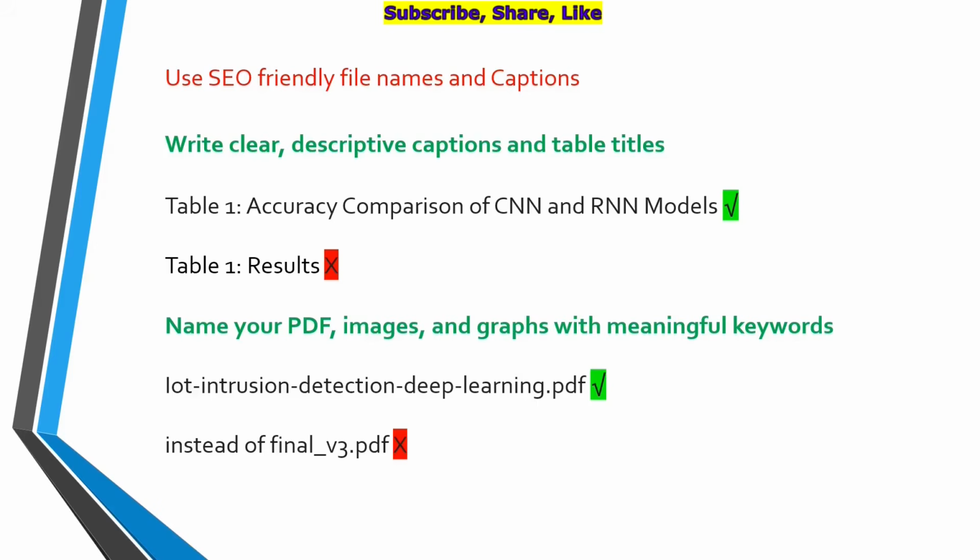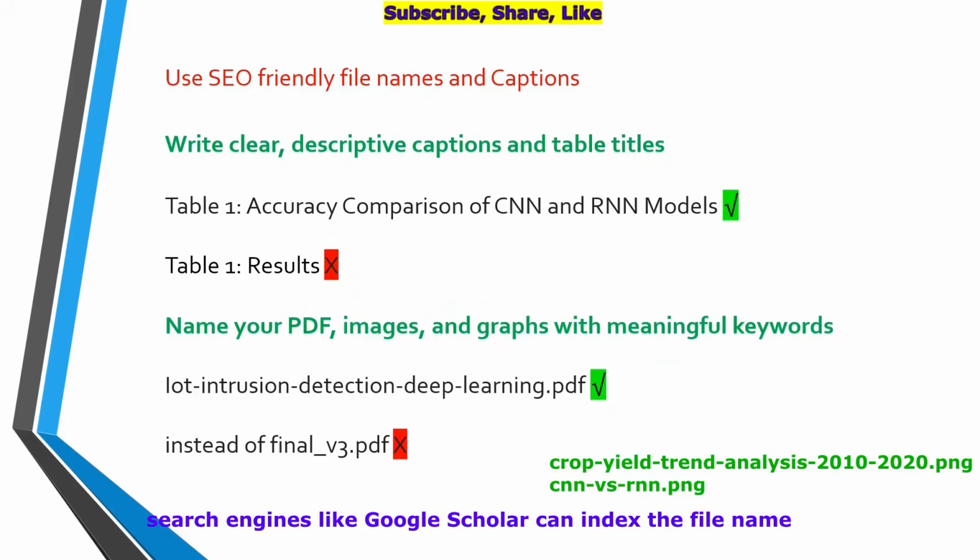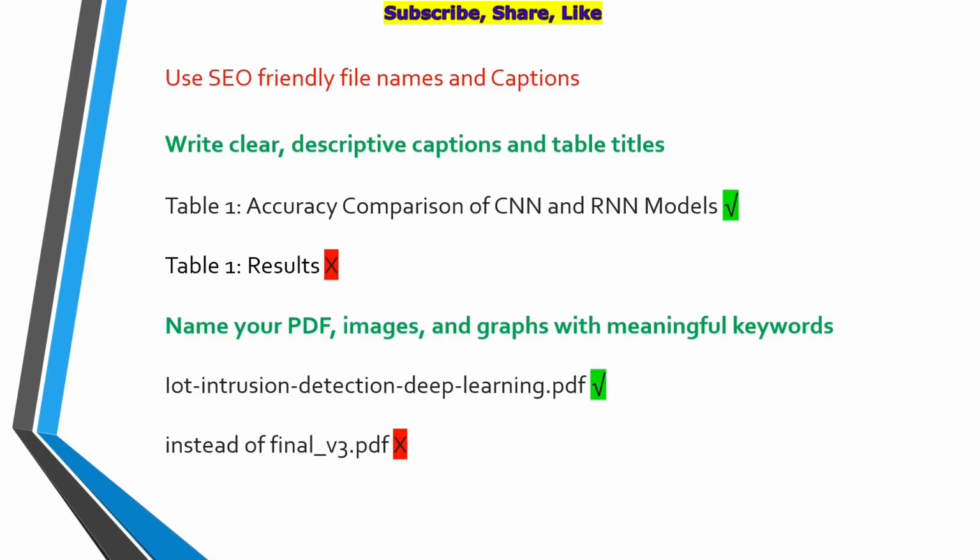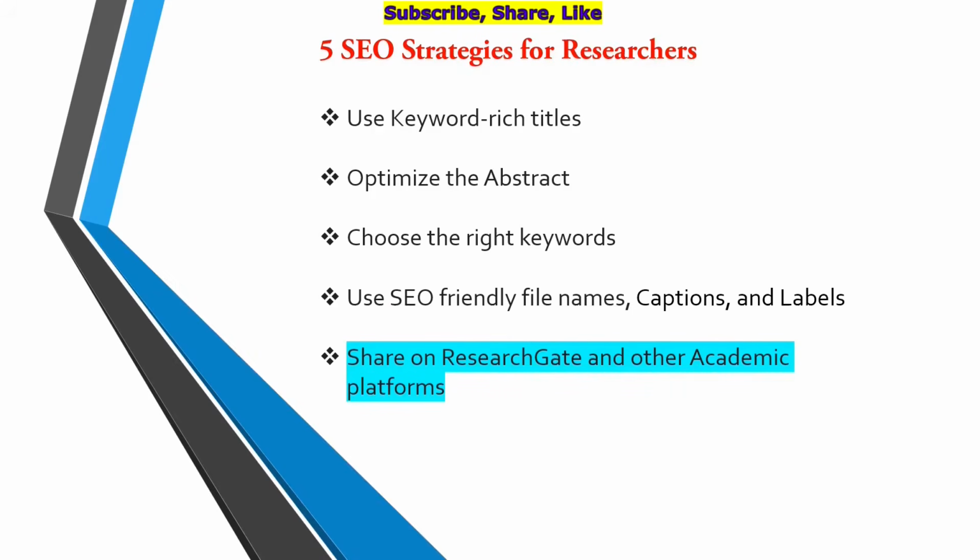When saving your paper or figures, avoid generic names like "final version 3.pdf." Instead, use descriptive file names like "IoT intrusion detection deep learning.pdf." This improves discoverability.